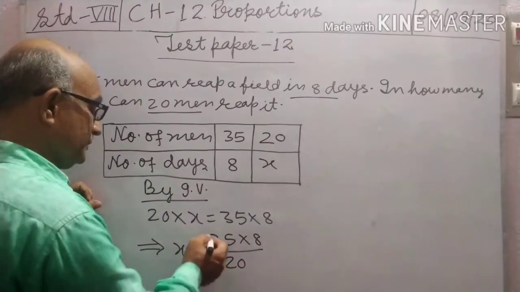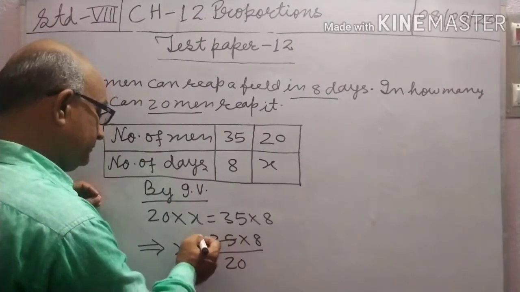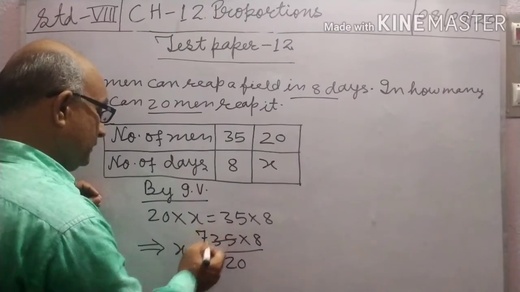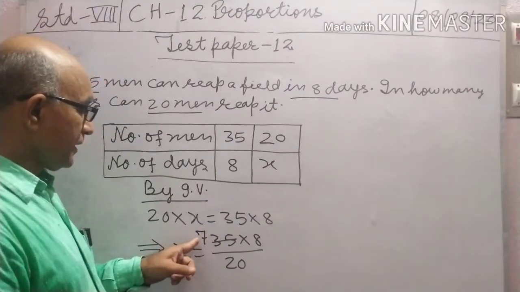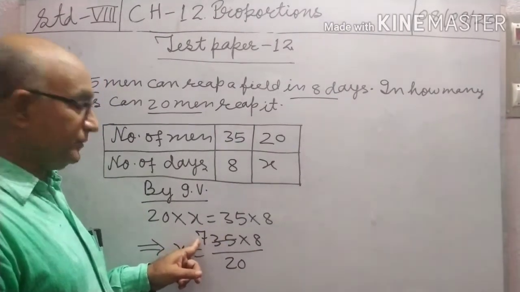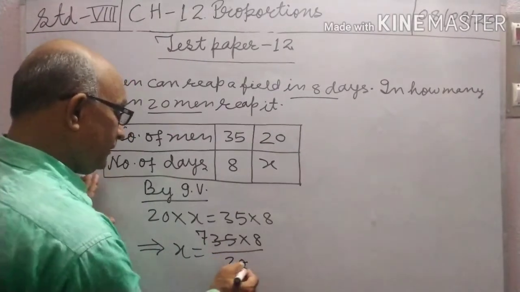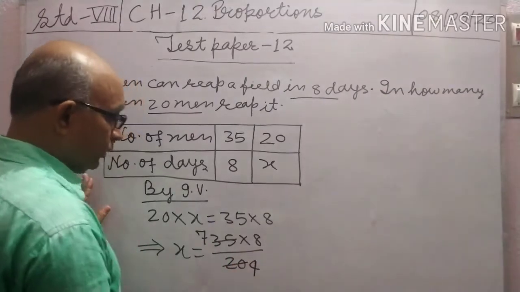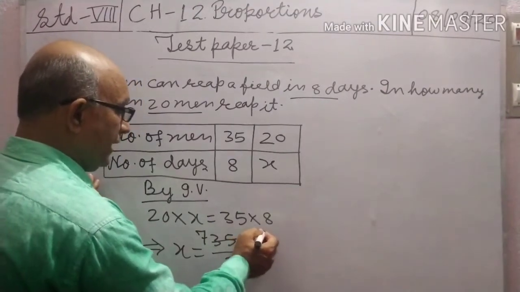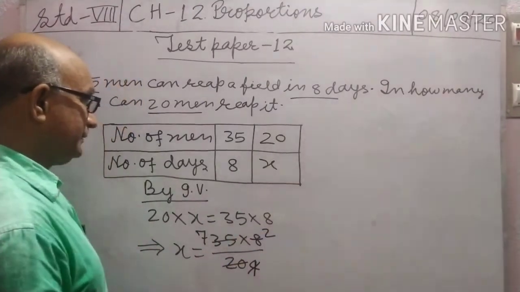Now divide by 5: 5 sevens are 35, 5 fours are 20, 4 twos are 8.